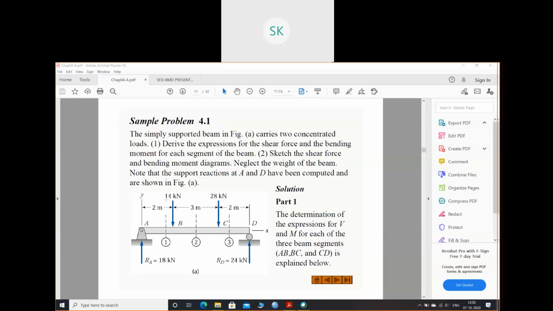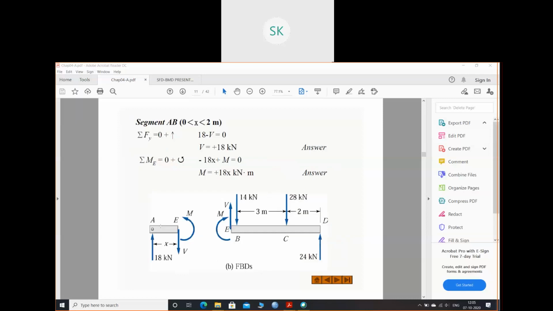If you cut this section and take the left hand side, this will be the free body diagram. If you take the right hand side, this will be your free body diagram. So which one is easy to take? This one. That's why I'm taking the left hand side, and I have found out the shear force and bending moment. It also makes it easy to draw the diagram from the left hand side.